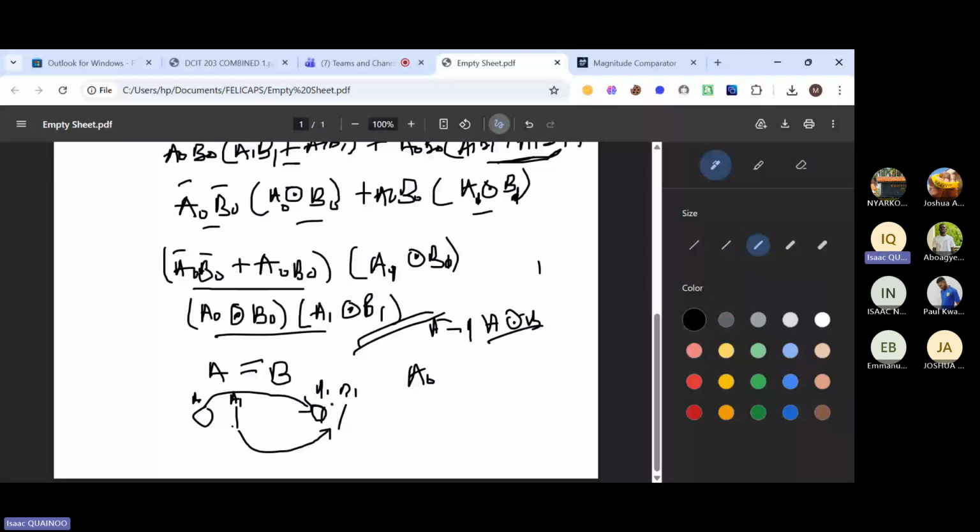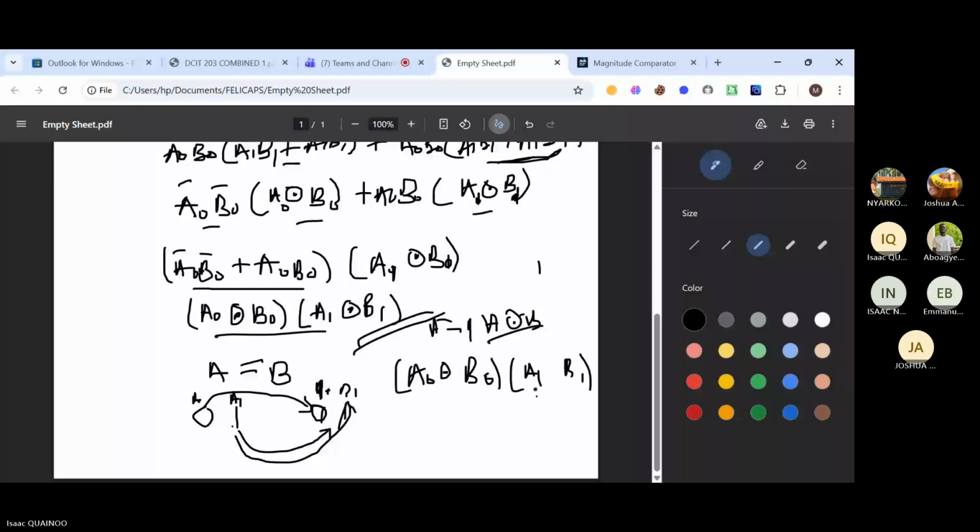Then when you are done, you take your second bit and compare it to the second bit of the second binary number, so you compare A1 to B1. And which operator are you going to use to do the comparison? XNOR, yeah, exactly. So that's how we are even able to deduce this in the first place.